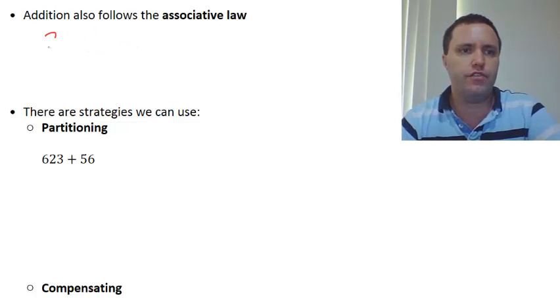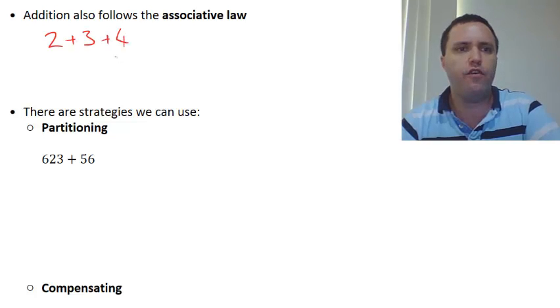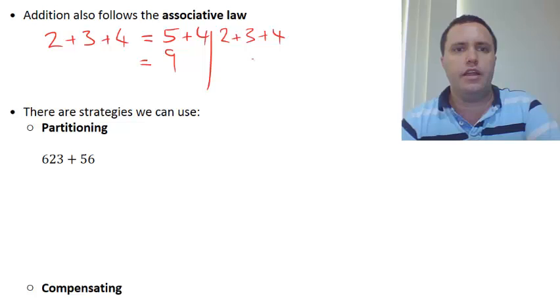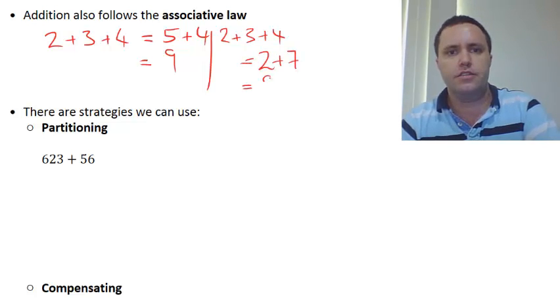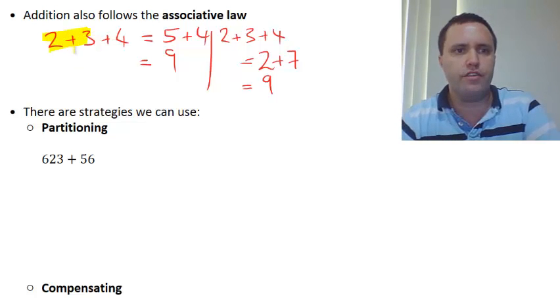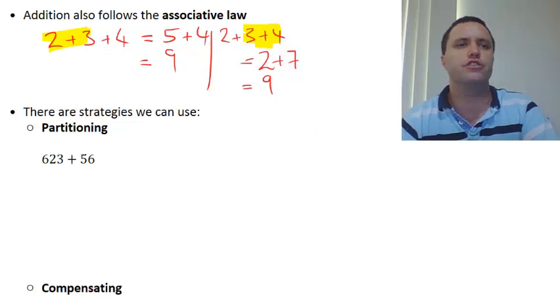So if I had 2 plus 3 plus 4, I can either add the 2 and the 3 together first and get 5 plus 4, then add that and get 9, or I can add the 3 and 4 together first and get 2 plus 7, and still get 9. So it doesn't matter if I add together the 2 and the 3 first, or the 3 and the 4. That's what the associative law means.